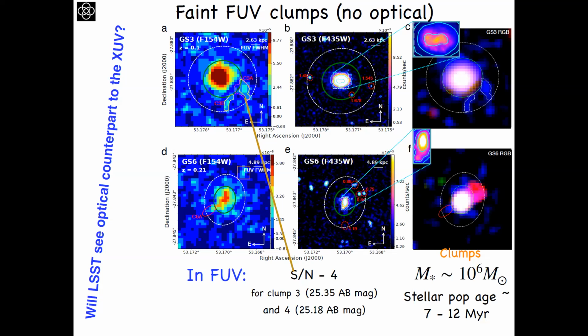What we see here are these two clumps, at a signal to noise of about 4, with magnitudes about 25.3 and 25.1. These are about 10 to the 6 solar mass clumps, just outside the optical boundary, and this is the 3 sigma FUV boundary.